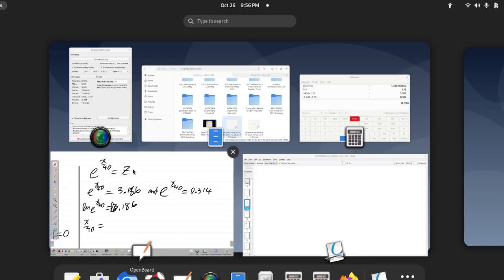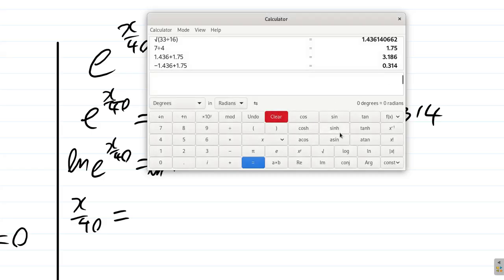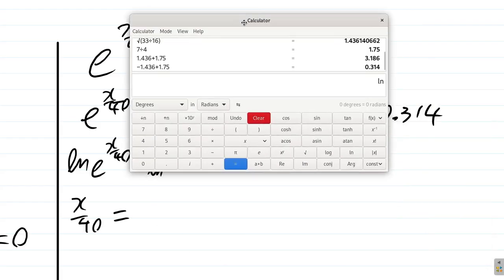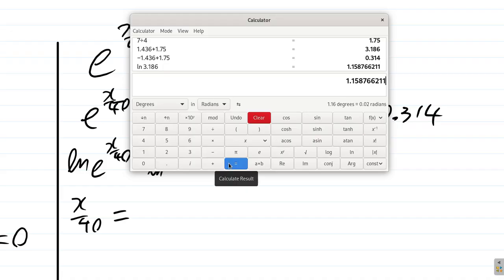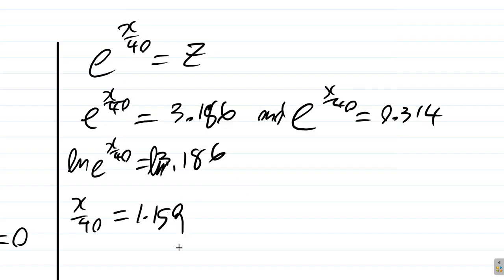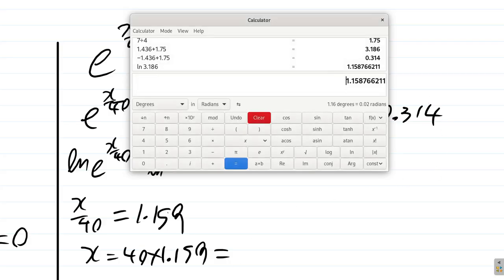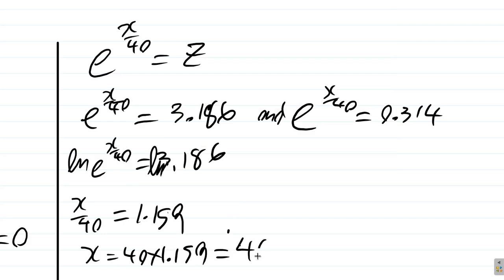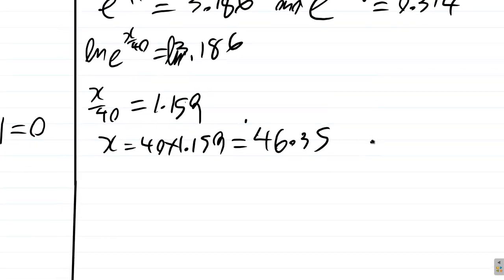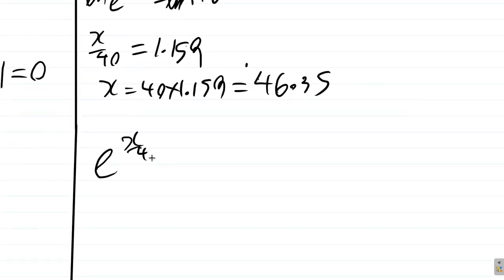To find that, ln of 3.186 equals 1.159, so x is equal to 40 times 1.159, so I'm going to multiply this by 40, and I have 46.35.